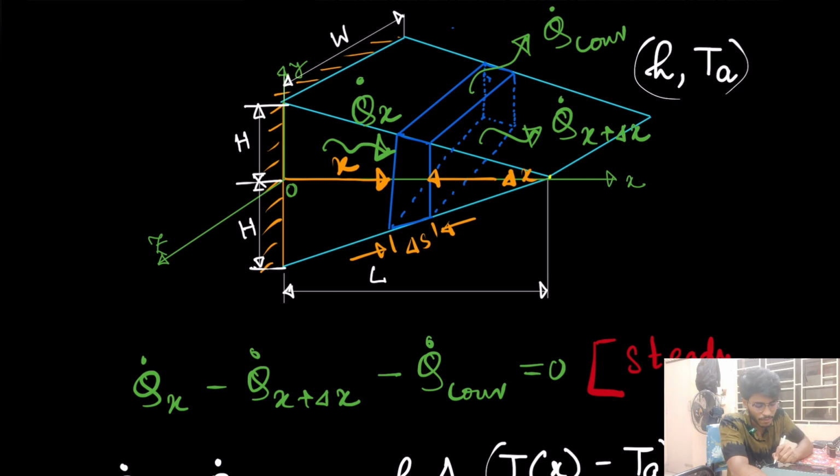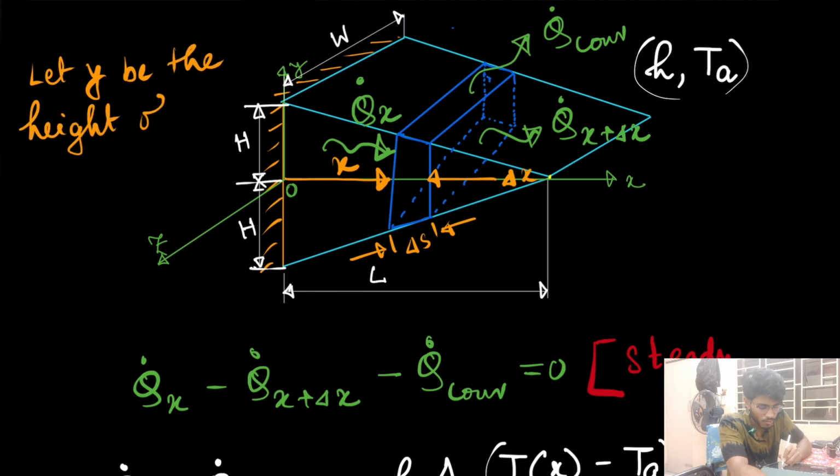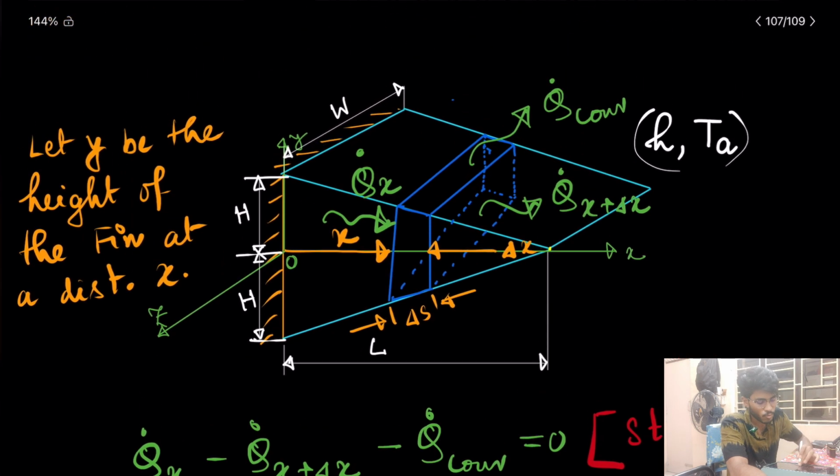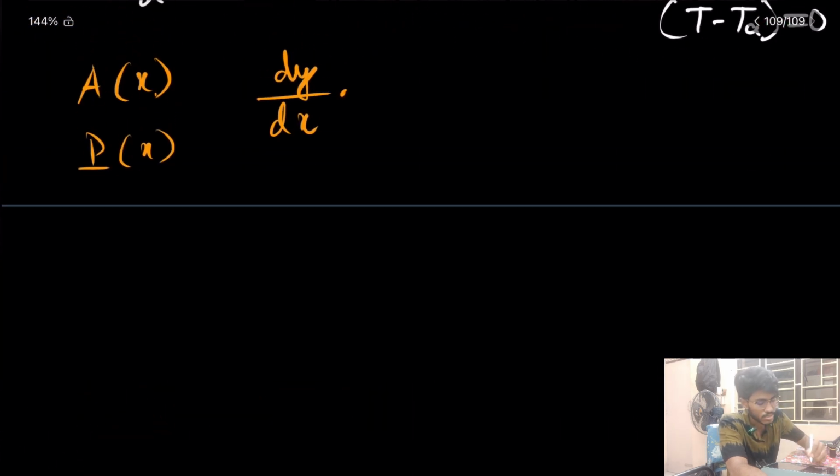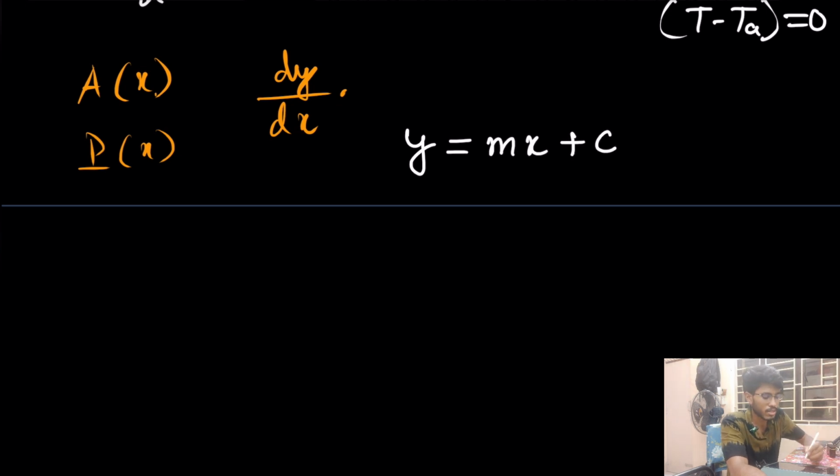If I have to write the equation for height, so let y be the height of the fin at a distance x, clear. So if y is the height at a distance x, then I can write that my equation for y is equal to mx plus c, clear.